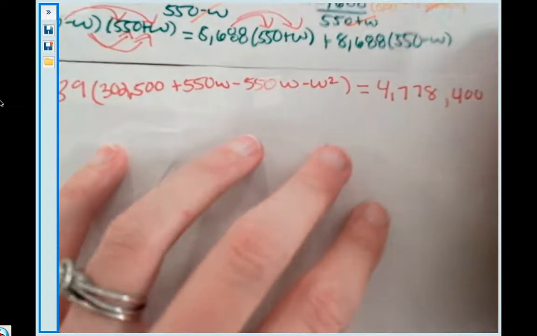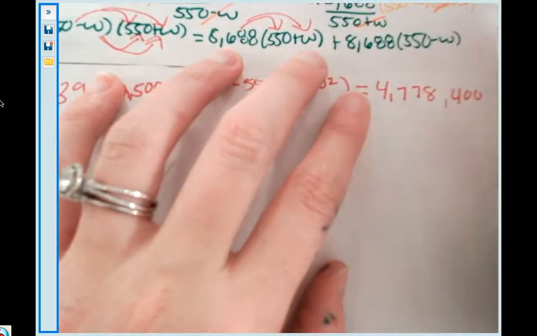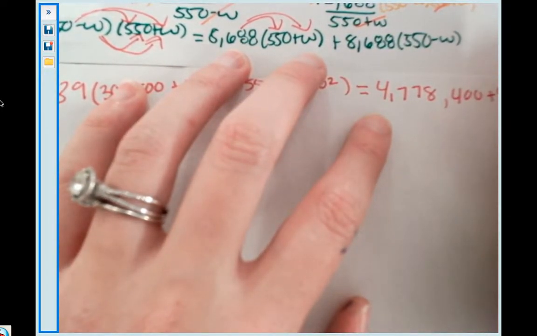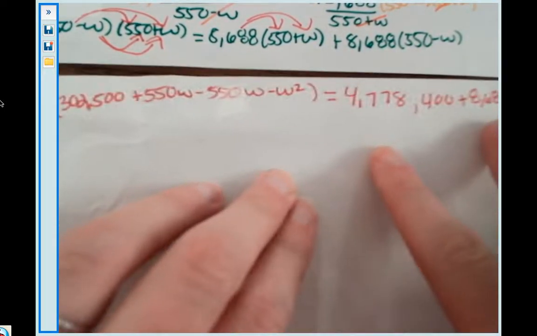Told you these numbers would be quite large. And then 8,688 times W would be plus 8,688W.